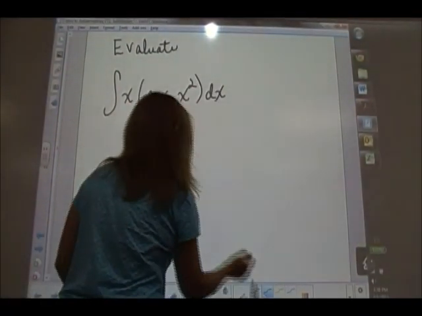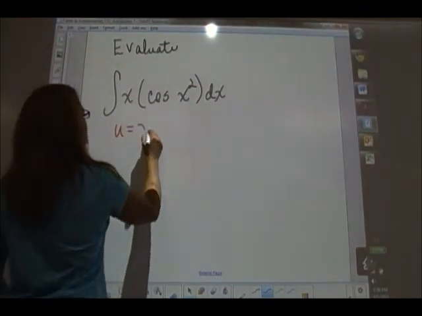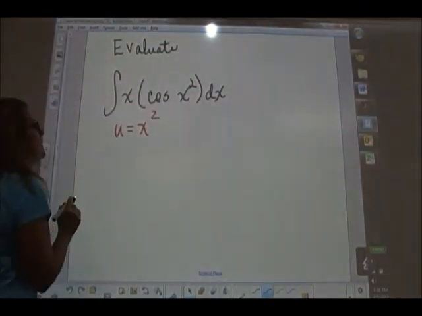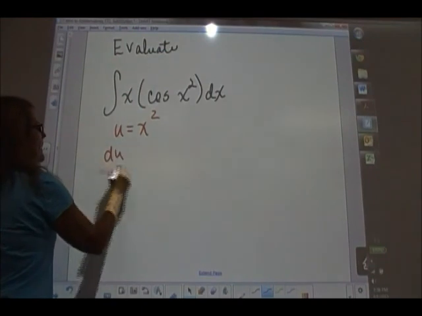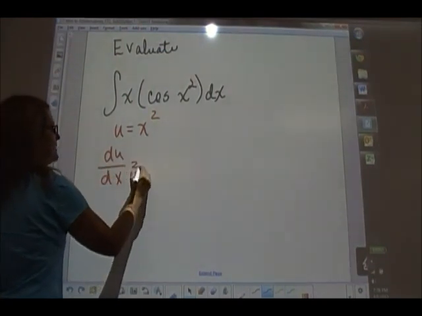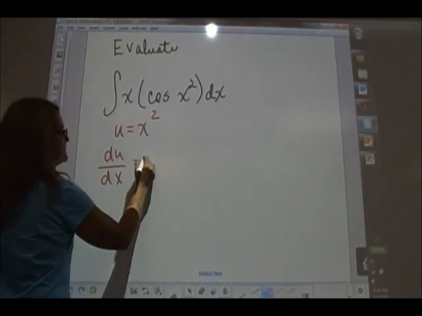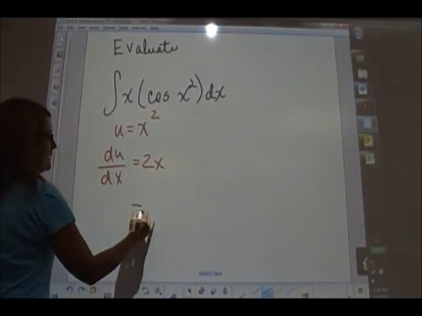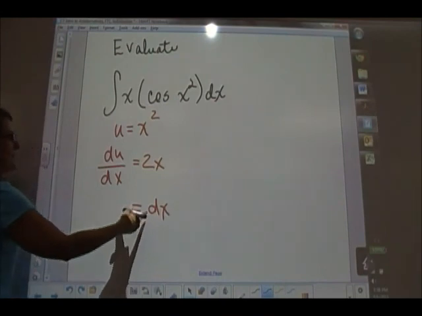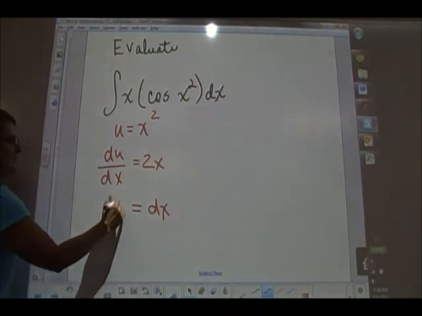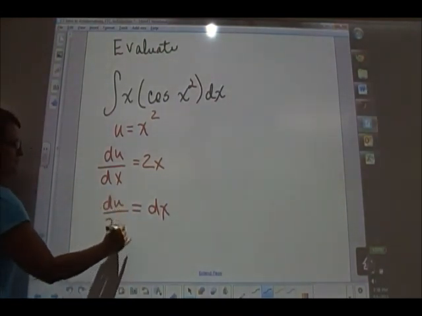All right, maybe. Let's check. du dx is 2x. So we're solving for dx. I'm just doing algebra to solve for dx, just a couple of steps in my head here.